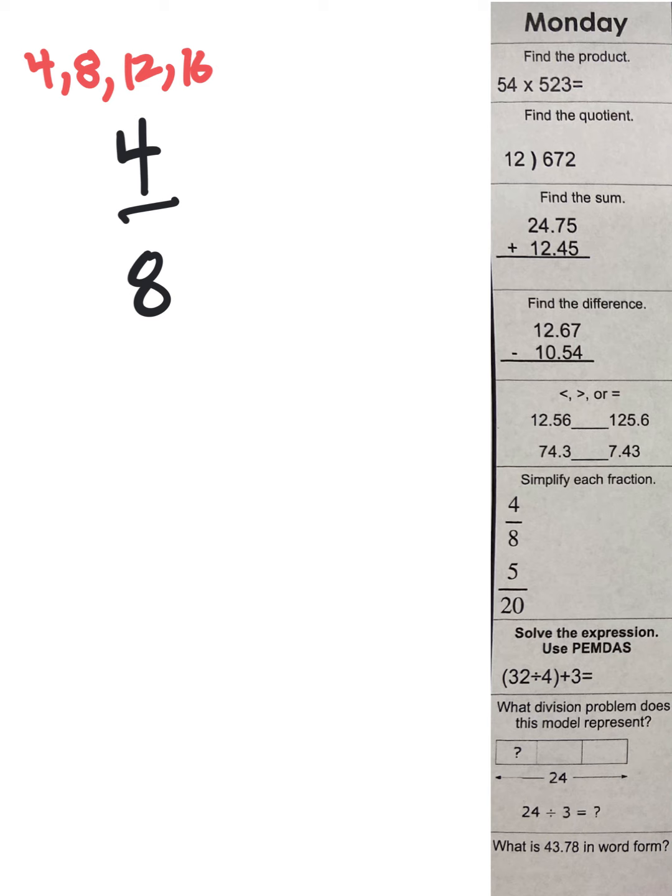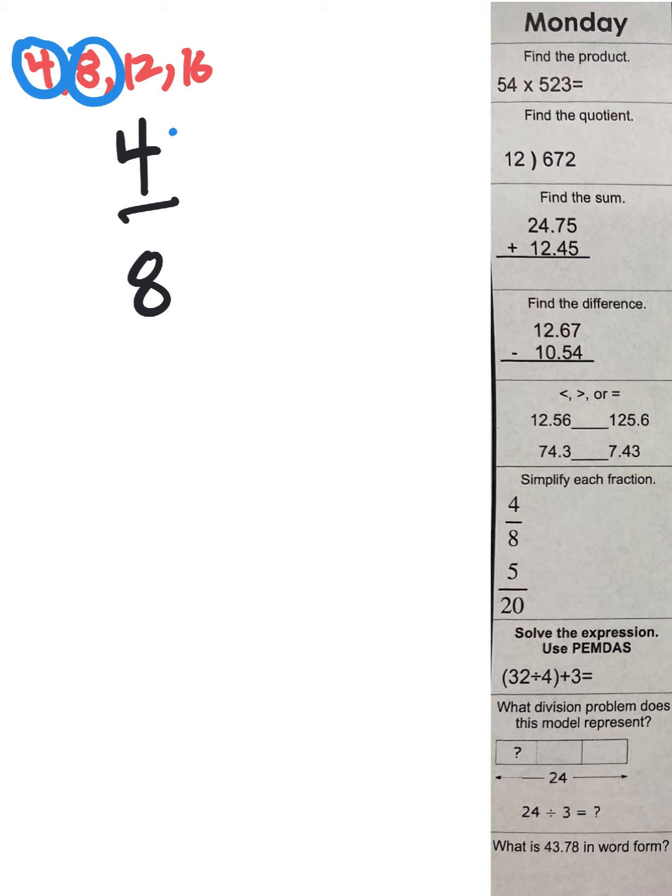All right, so we're moving right along. We're going to simplify 4/8. What are some things you notice about these numbers? I noticed that they're both even. My numerator and my denominator are even numbers. I've already written down my multiples of 4 because I did notice 4 and 8 are multiples of 4.